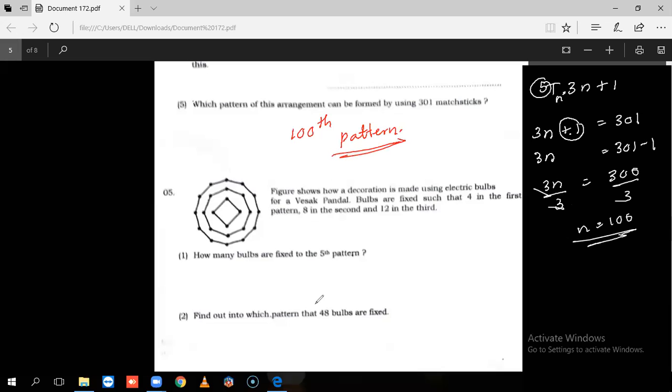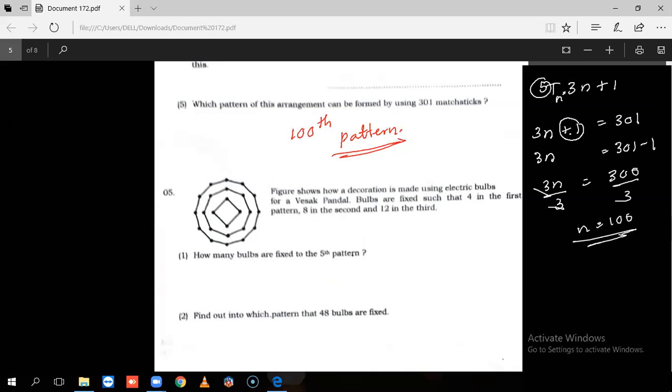Next one. The figure shows how a decoration is made using electric bulbs for a Vesak panel. Bulbs are fixed such that there are 4 in the first pattern, 8 in the second, and so on. How many bulbs are fixed in the fifth pattern?